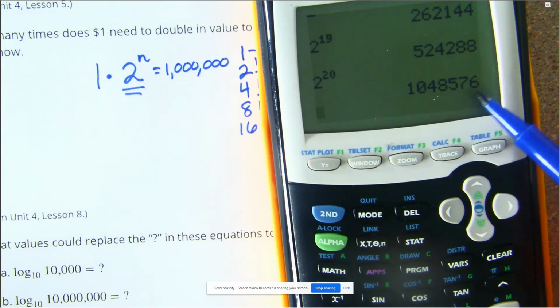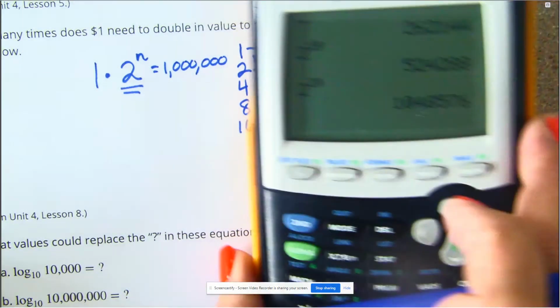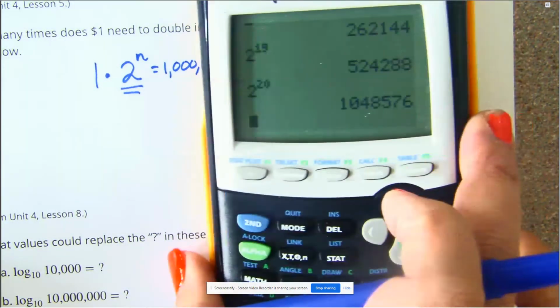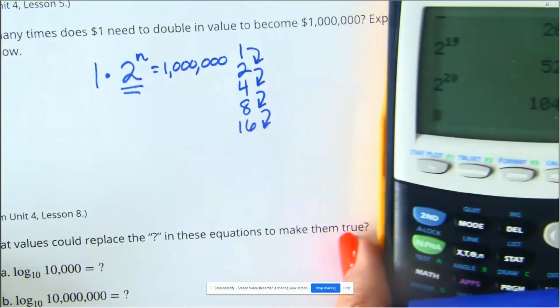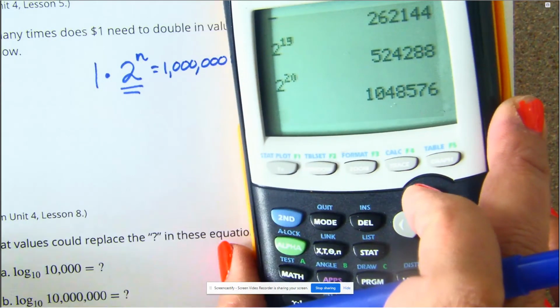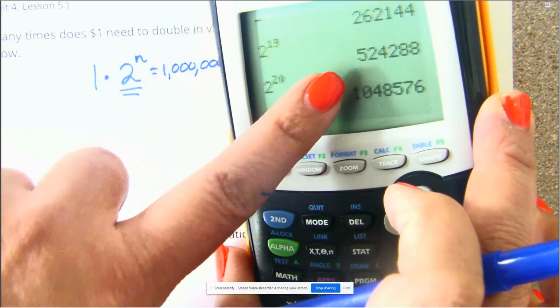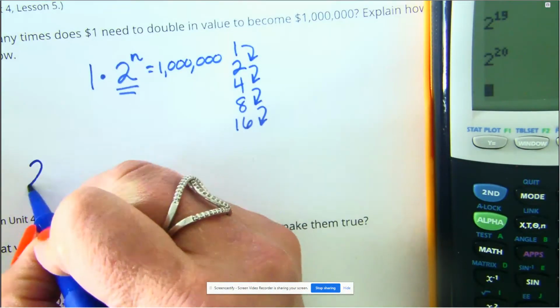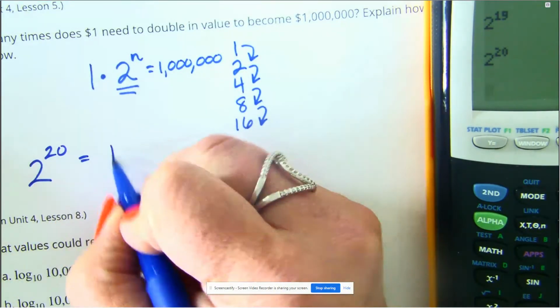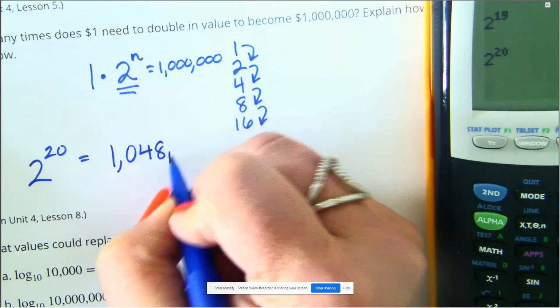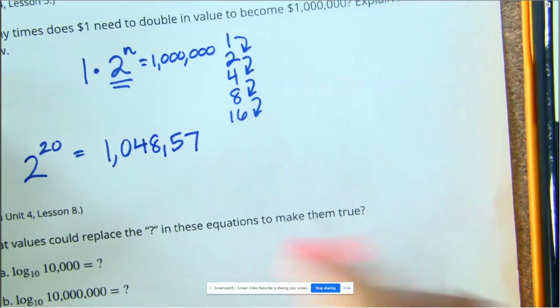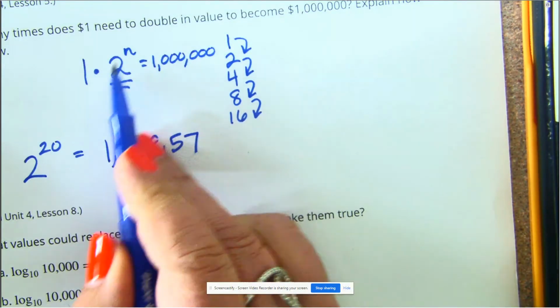There we go. So it needs to double 20 times to get there. The 19th time I was only at 524,000. So 2 to the 20th gets me 1,048,576.